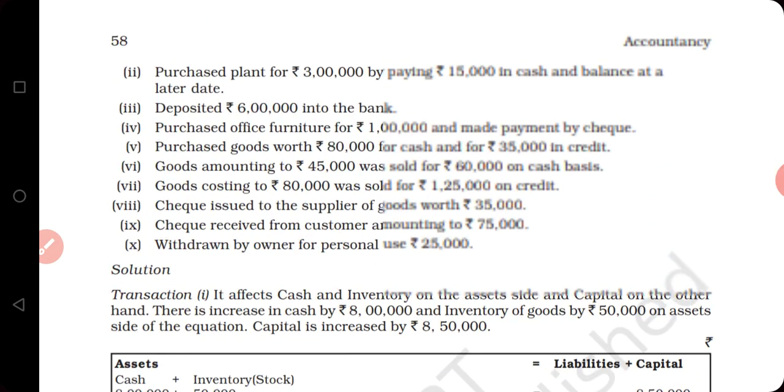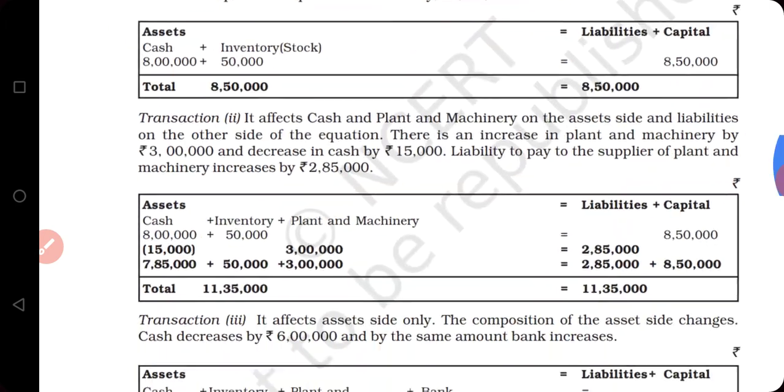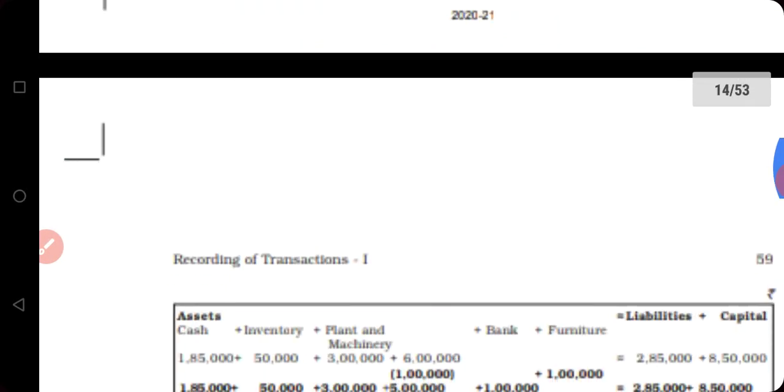Transaction number 5, purchase goods worth rupees 80,000 for cash and for rupees 35,000 on credit. To understand this transaction, let's see. So total goods, how much is there?